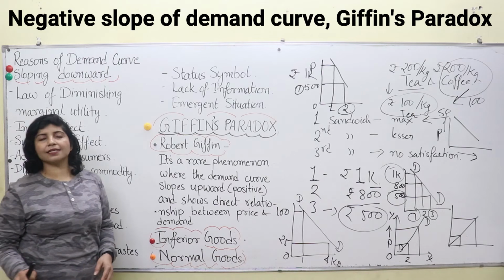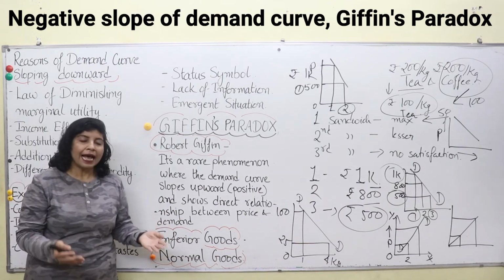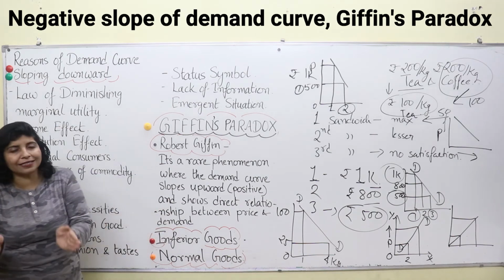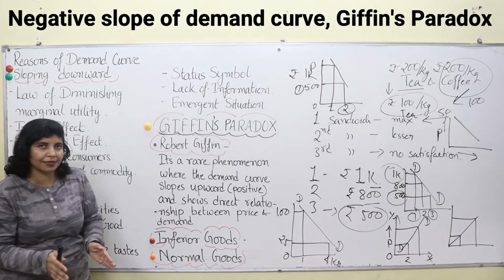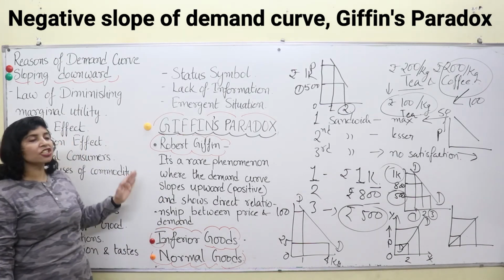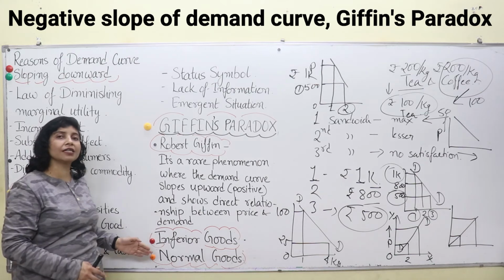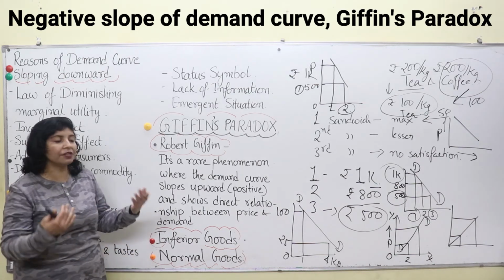In normal cases, for middle class people who value money and think that they will purchase more commodities at lower prices, with rise in price their demand decreases. That is not operating here. It is a rare phenomenon for certain commodities: when their price increases, their demand also increases.